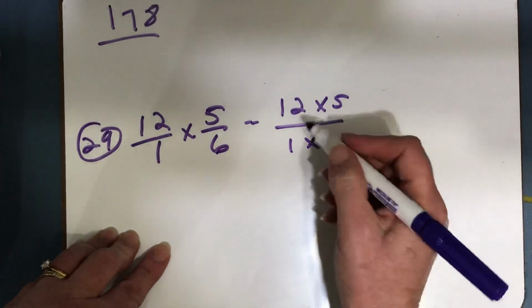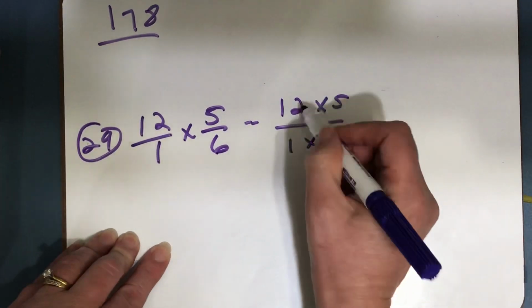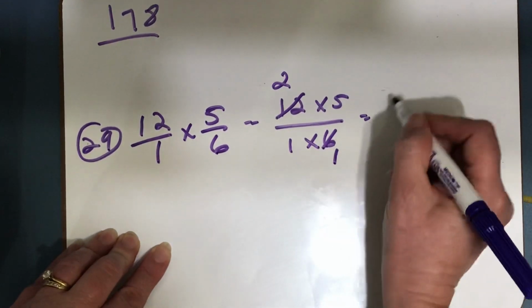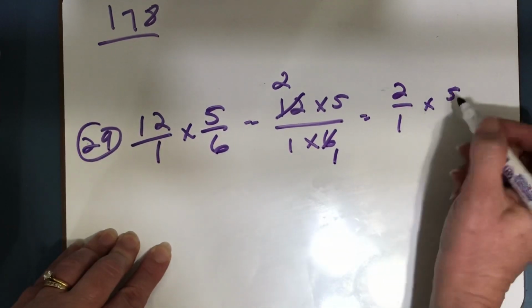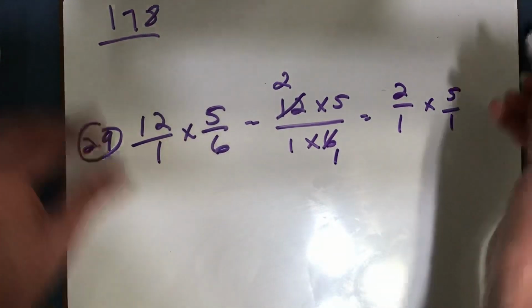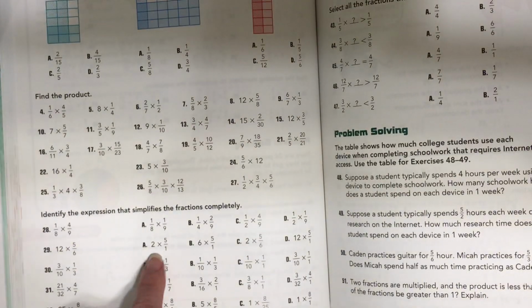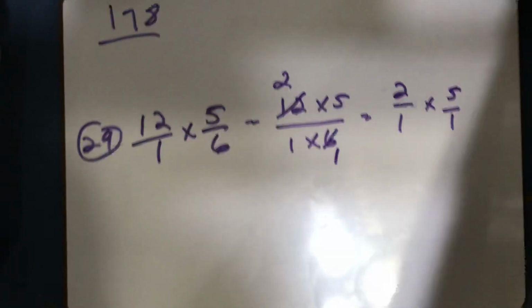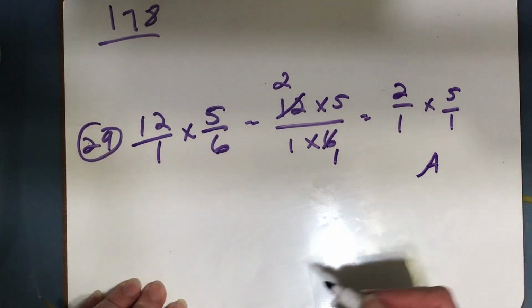I know that 6 is a factor of 6 and 12. 6 divided by 6 is 1. 12 divided by 6 is 2. So I'm going to be multiplying 2 over 1 times 5 over 1. Looking at number 29, I can see that A is 2 times 5 over 1, which is what I have. So this would be A for number 29.